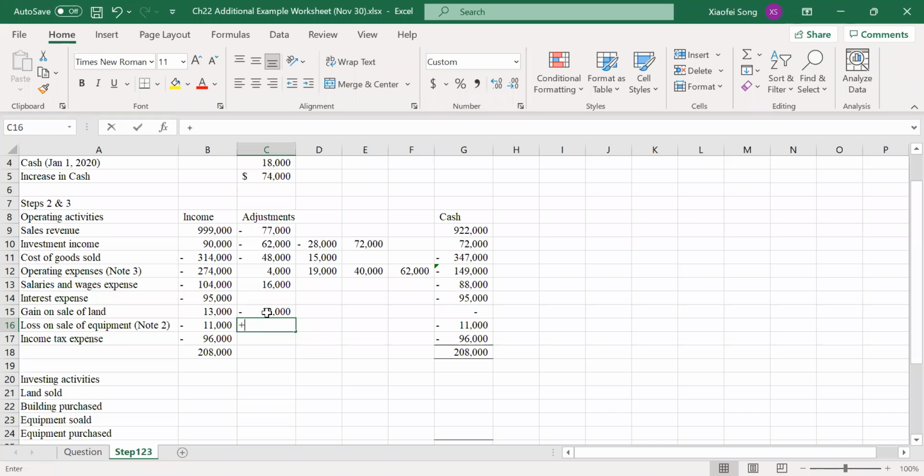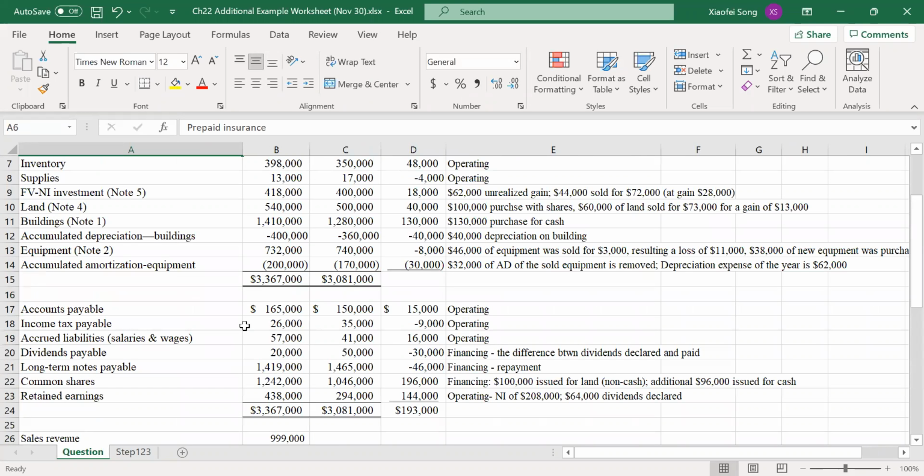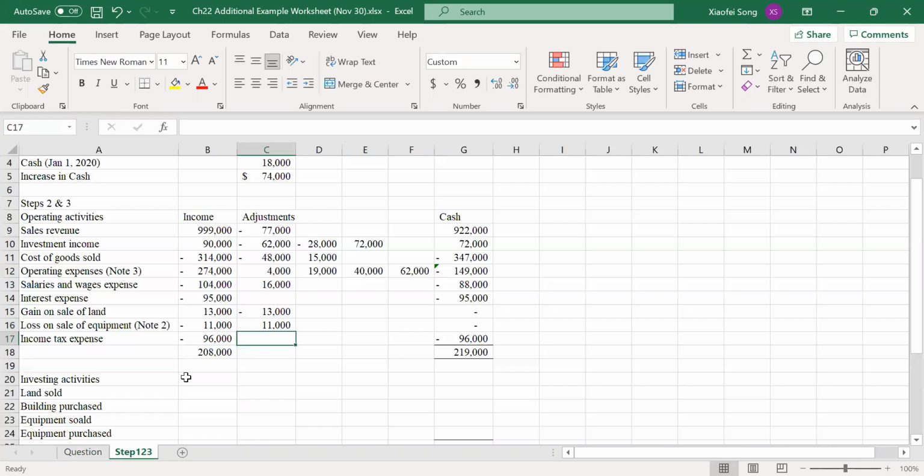Loss on the equipment should be removed, because that's also investing cash flow. Income tax expense, I think there is a change in income tax payable. Income tax payable decreased by 26,000. So in addition to that, we must pay another $9,000 here.